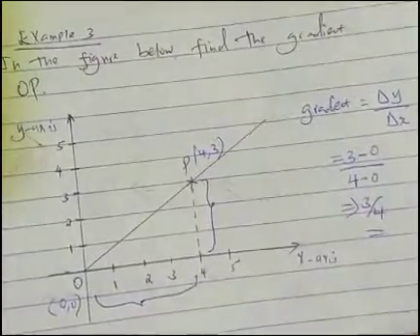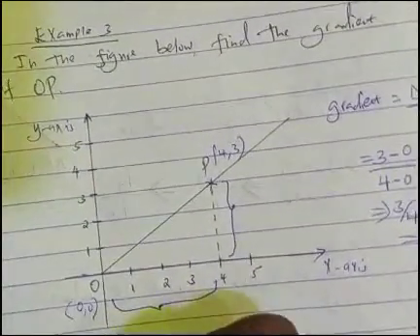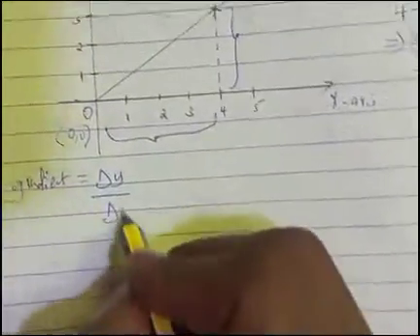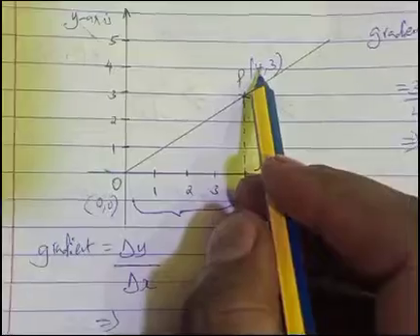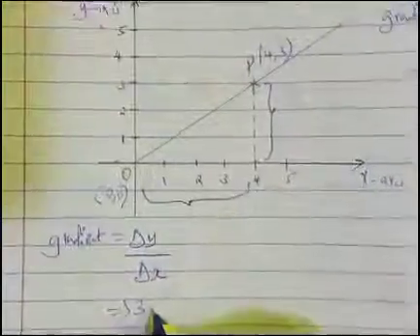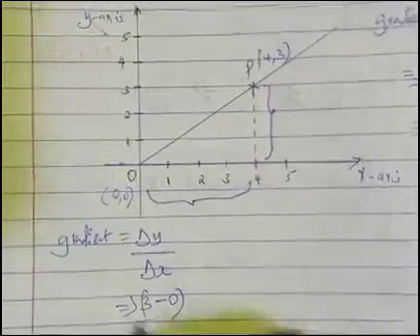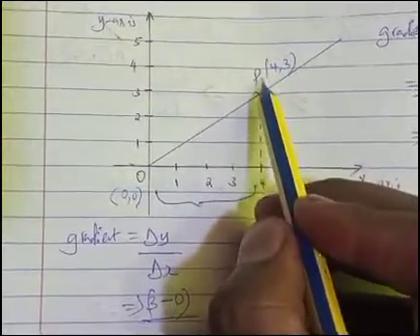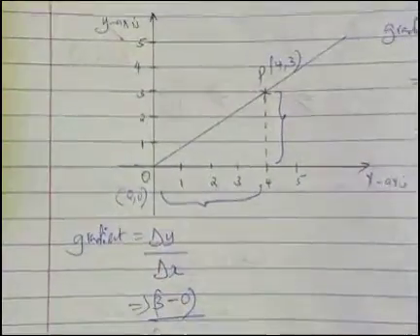Students make mistakes where they take gradient equals to delta y over delta x. That one is fine. But they make a mistake where, for example, they start with the y of P, so the y coordinate of P is 3, minus the y coordinate of O is 0, over, instead of taking the x coordinate of P, which is 4, they take the x coordinate of O, 0 minus 4.